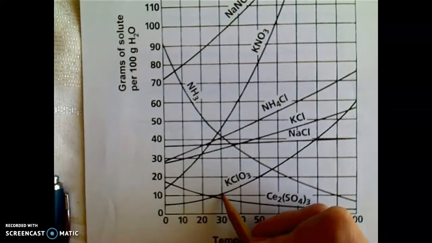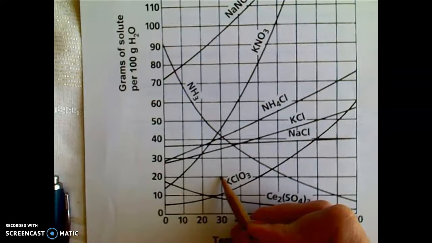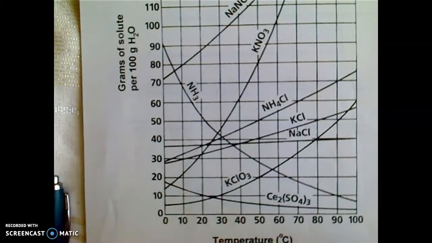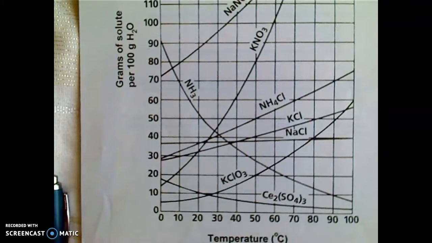If for some reason you were able to dissolve 20 grams at this temperature, then you would have a supersaturated solution. Remember, supersaturated solutions are kind of rare because they're very, very unstable. It's like if you were carrying a load of laundry and instead of using the laundry basket to take it to the washing machine, you decide to just carry the whole pile. And you drop a sock. So you stop, you pick up a sock, and guess what happens?